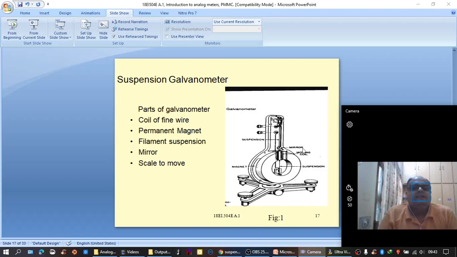This is called as the error due to angle of vision, or in other words called as parallax error.